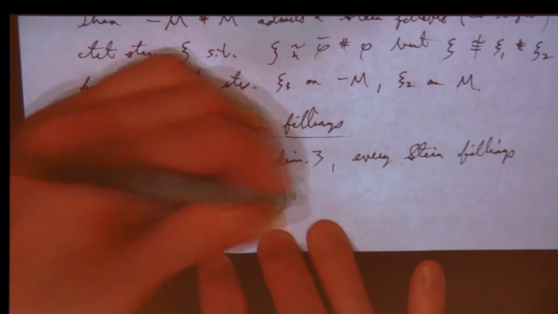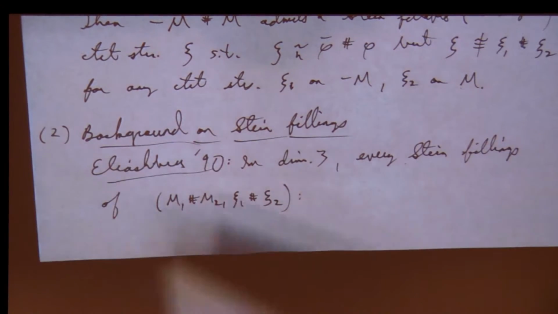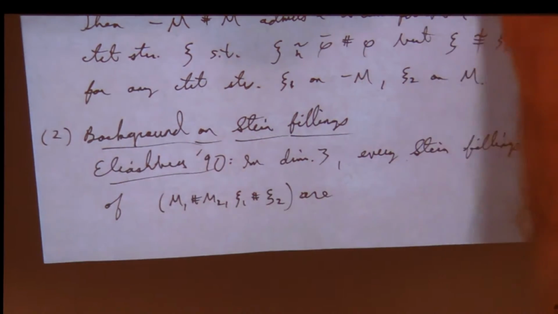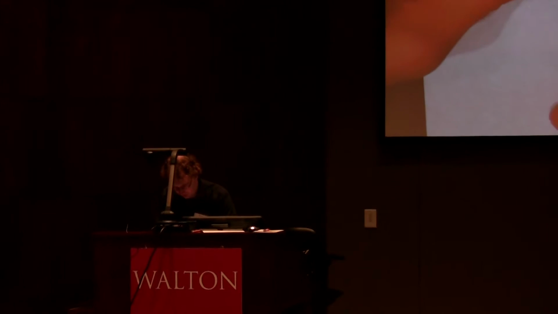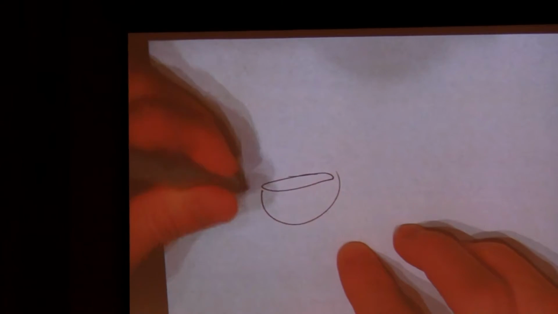The statement is that every Stein filling of the connected sum of M1 and M2 is the obvious thing you might imagine if you understood the picture of the Stein cobordism from the disjoint union to the connected sum. Namely, you just take a Stein filling of M1 and a Stein filling of M2, and you attach the one handle.